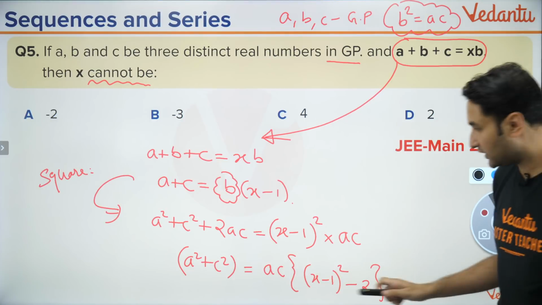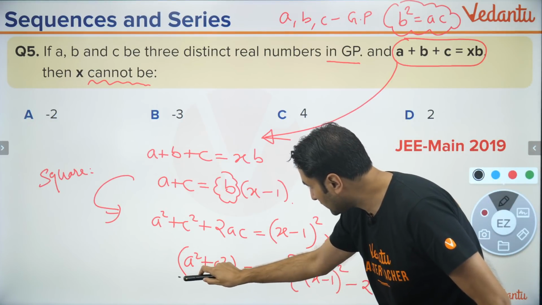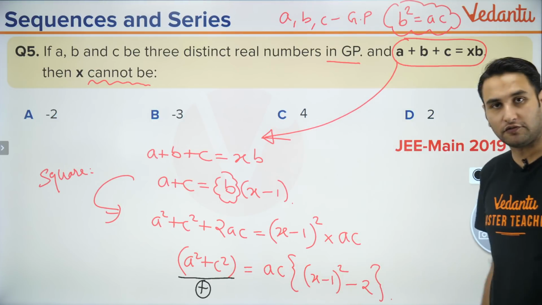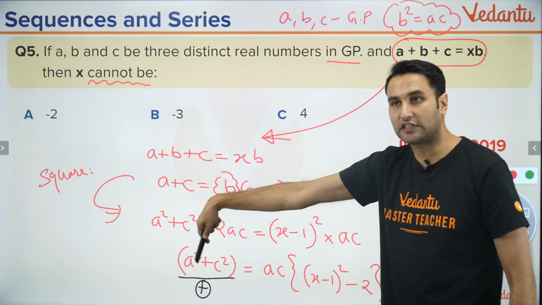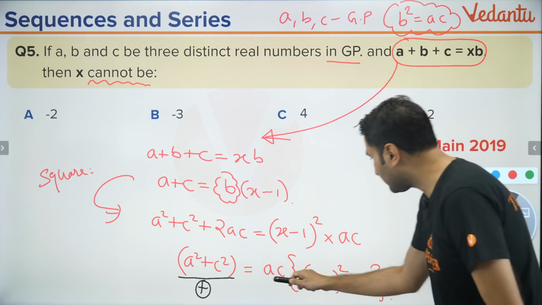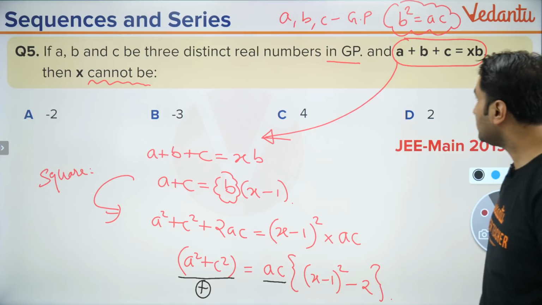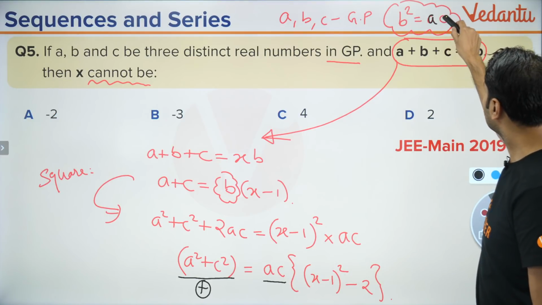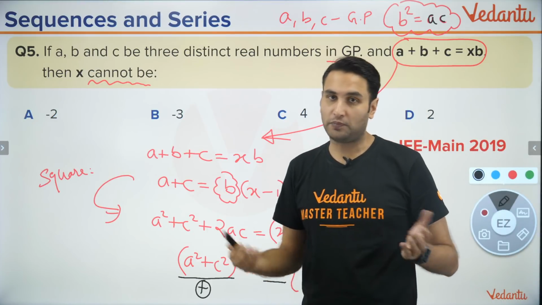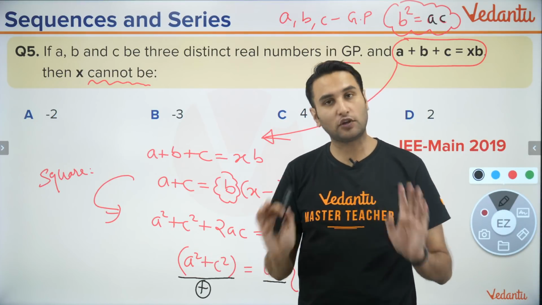Now, ध्यान से सुनना. A square plus C square बच्चों, is this positive? It is positive. A square plus C square positive है. All of you know, summation of two positive numbers positive. अच्छा बच्चों, AC. What is AC? AC is B square. So B square तो positive है. तो AC is also positive.